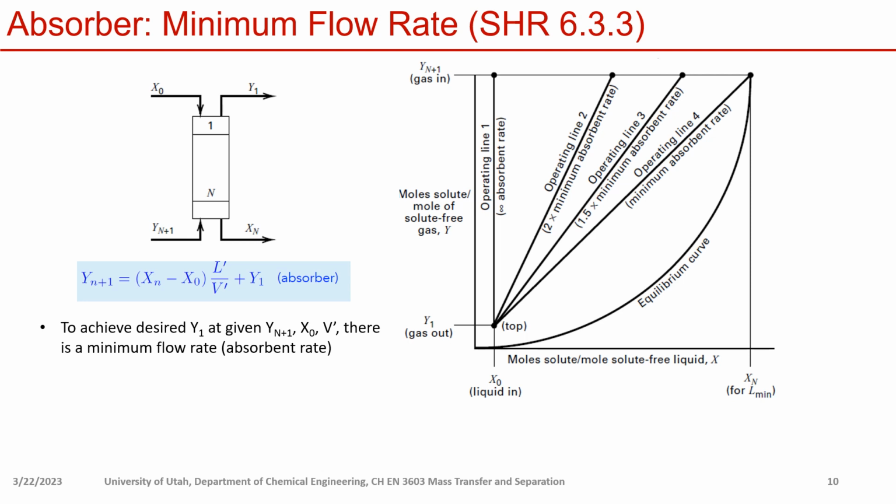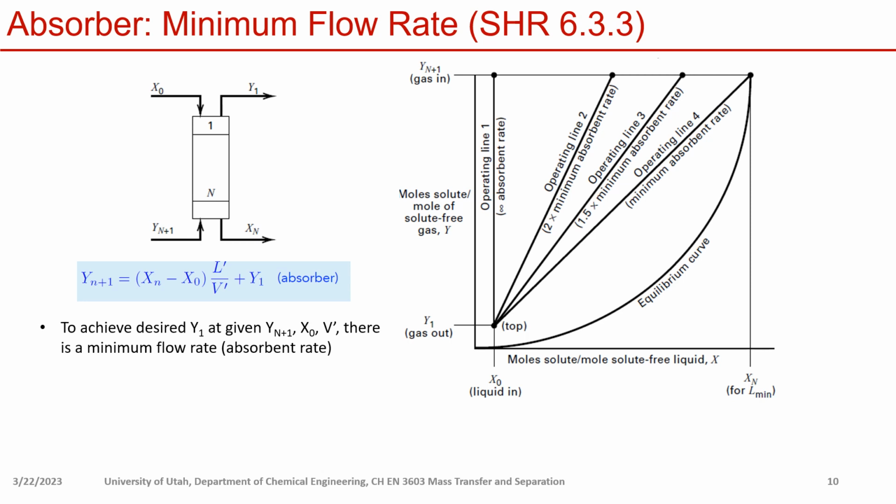So then there are many different cases for the liquid absorbent flow rate. You can pick a very large liquid absorbent flow rate, that's infinite liquid absorbent flow rate. In this case, you just gave the absorption tower an infinite amount of liquid absorbent. So then you have this line crossing yn plus 1 at this point, and that point gives you the composition of the exiting liquid stream, which is x0.